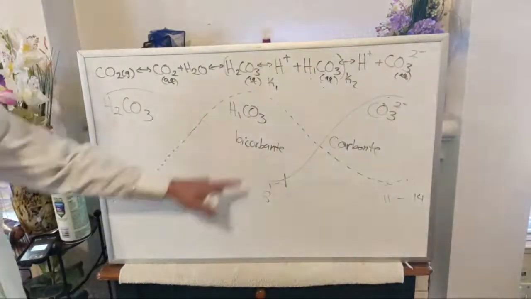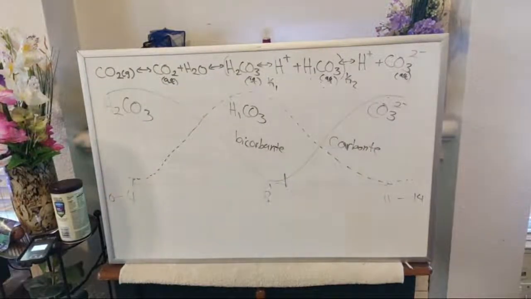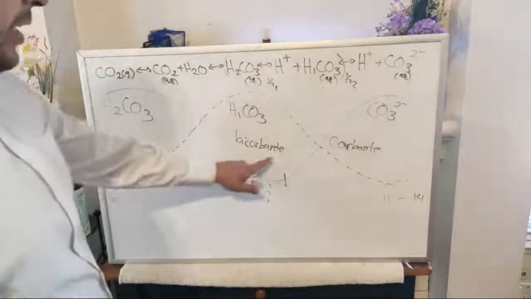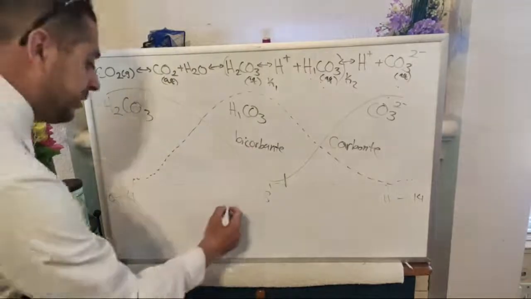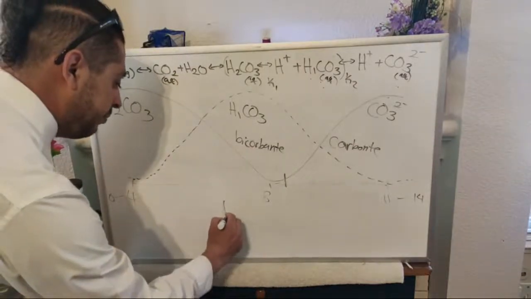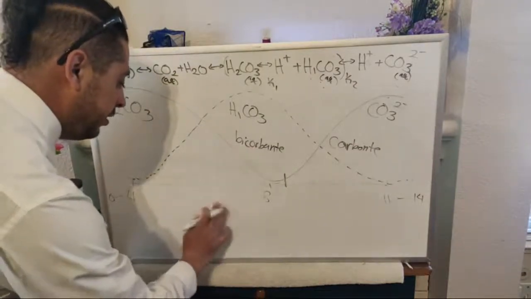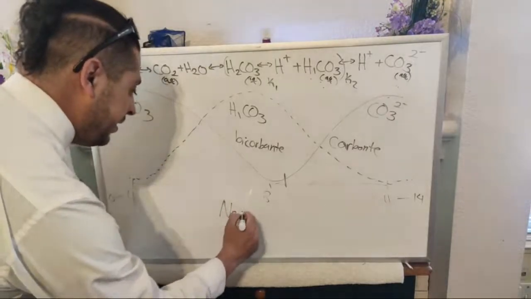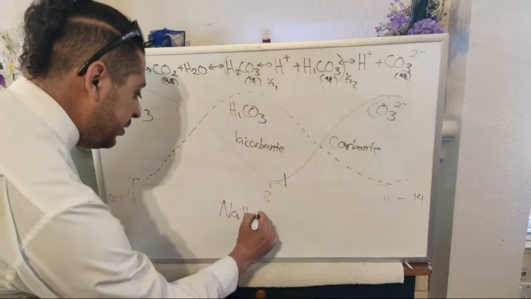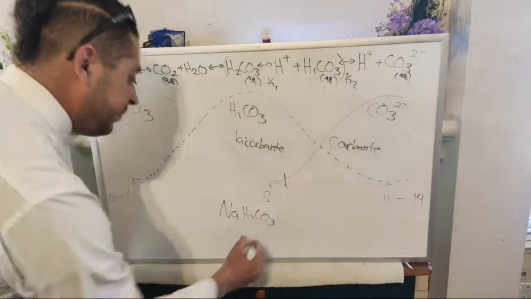So to dose your aquarium, the easiest form, so you don't mess things up so bad, you want to dose baking soda, which is sodium bicarbonate, NaHCO3. All right.